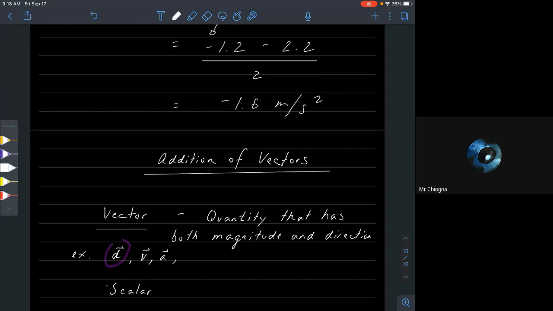Acceleration, force, momentum. What else? Anyone add to that? Impulse. Later on, you haven't studied these yet, but electric field, magnetic field.